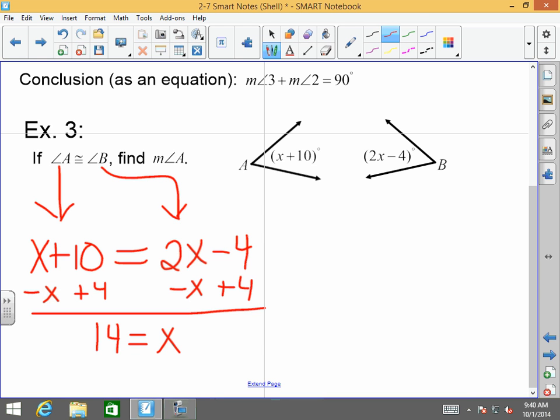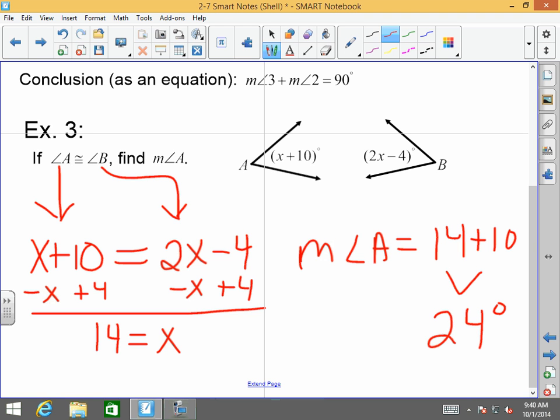But I want to find the measure of angle A. So now we do another substitution. Angle A is x plus 10, which I can substitute with the value of 14 plus 10. So that would equal 24 degrees. That's the measure of angle A.